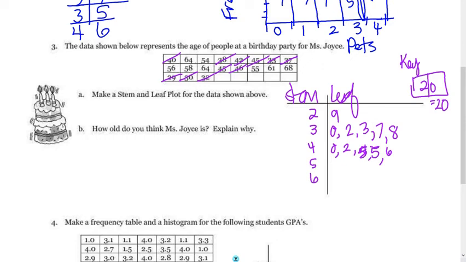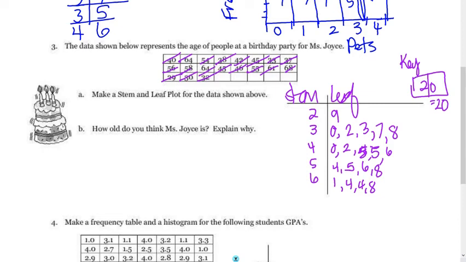For 50s, I have 54, 56, 58, 55, so 54. Let's see, there's a 55, there's a 56, and a 58. And then for 60s, I have 61, 2 64s, and a 68.